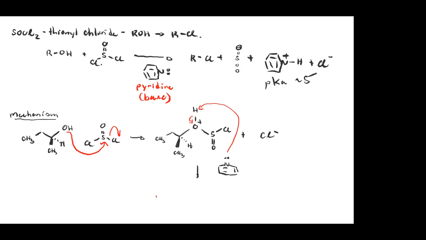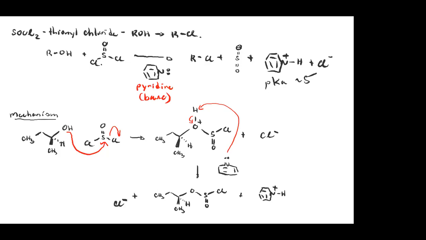And that forms my neutral product, or my neutral intermediate. Plus, I'll draw the pyridinium on the side, plus Cl minus.